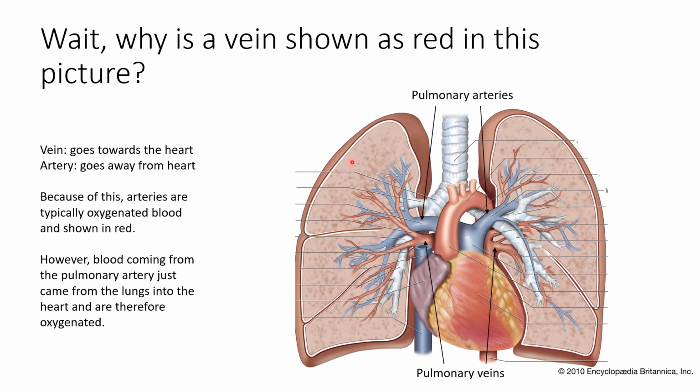Then it gets oxygenated and goes back through these pulmonary veins and gets dumped into the left atria. And then it's going to be pumped down from the left ventricle and pumped out to the rest of the body.